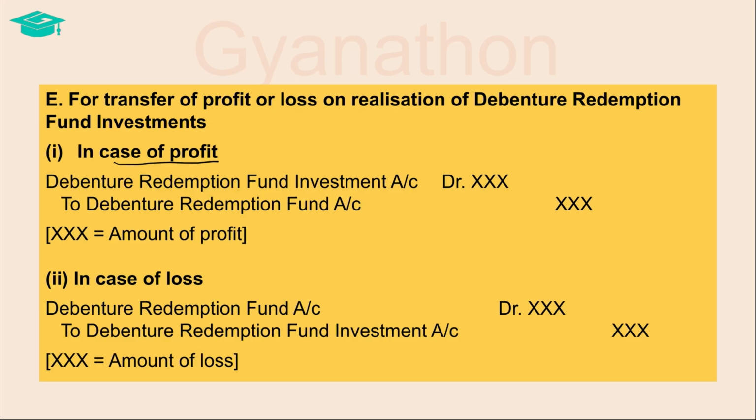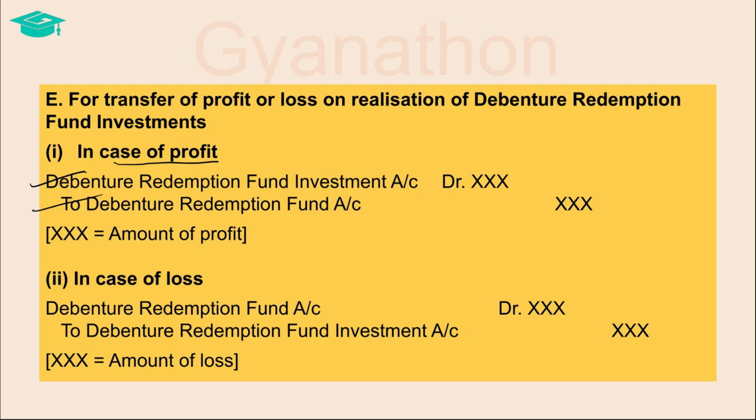Such profit is transferred to the debenture redemption fund account by debiting the debenture redemption fund investment account with the amount of the profit earned. The corresponding credit is given to the debenture redemption fund account. With this entry, the profits available in the debenture redemption fund investment account are transferred and the account is closed.